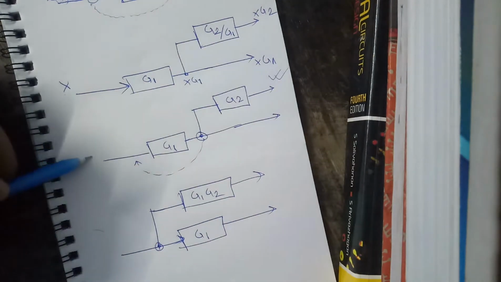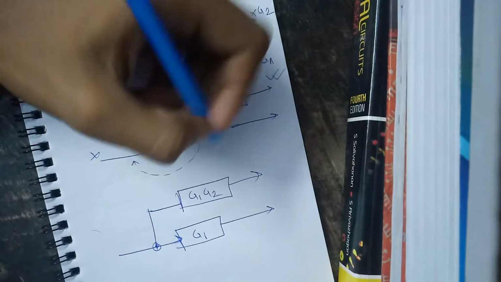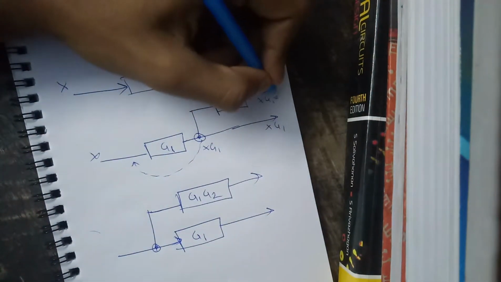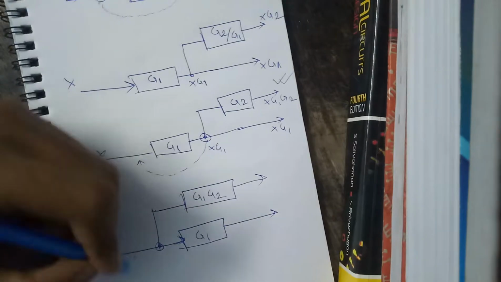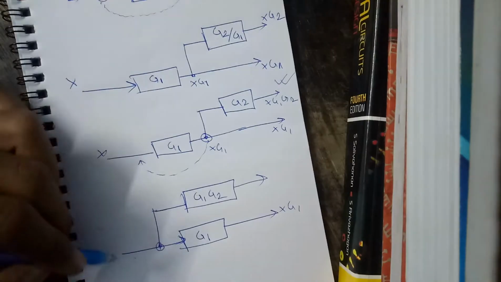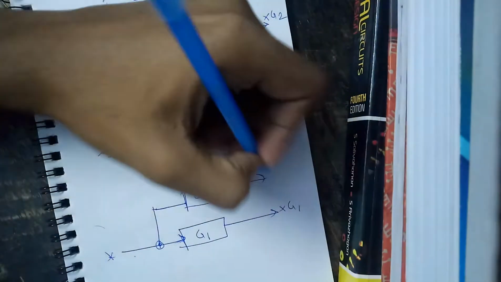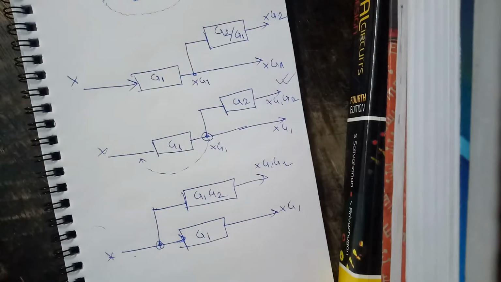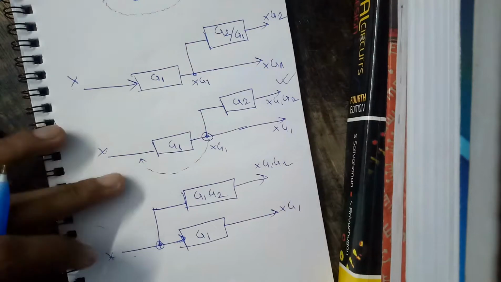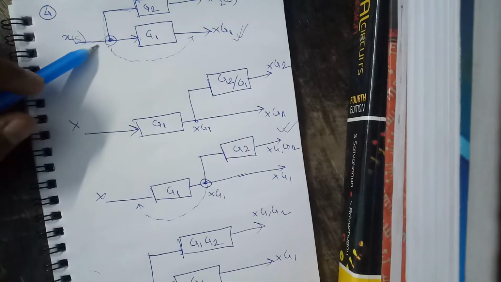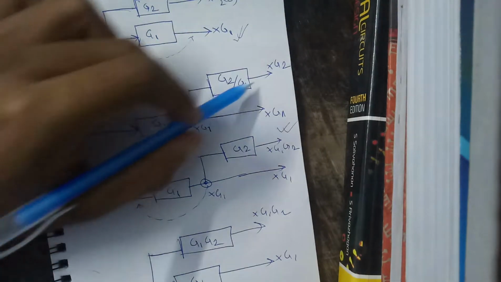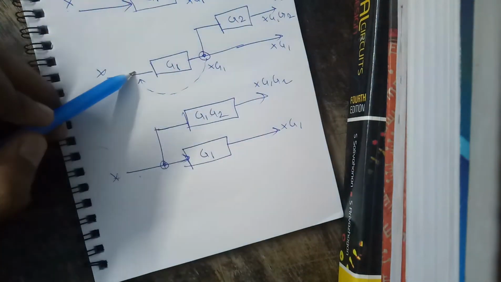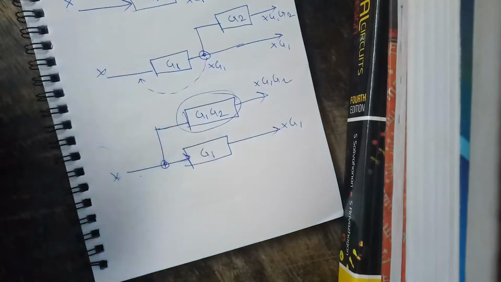Simple, because if this is x, then we used to get x g1 out here, so to get x g1 g2 out here. So if this is x, this gives me x g1, this gives me x g1 g2, right? So this is the rule of my takeoff point before a block. When we move it after, the block gain is divided, and if you move it forward, it is multiplied.